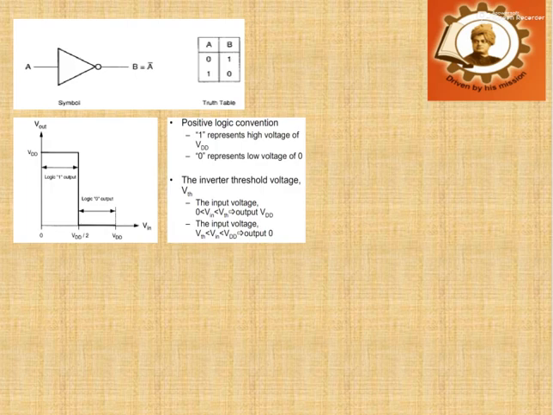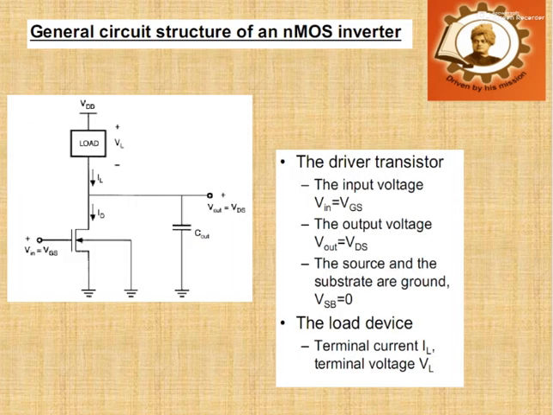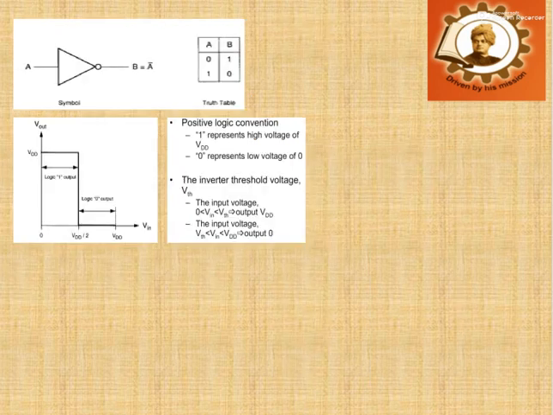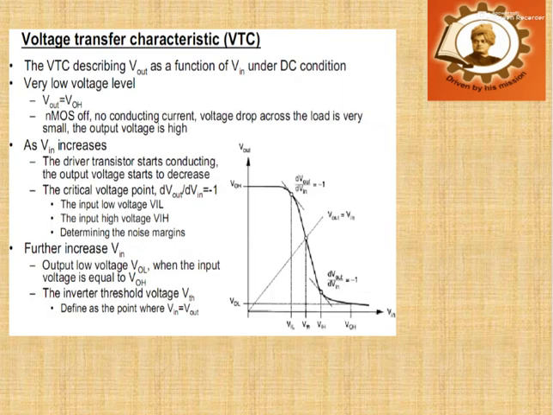Next move on to our VTC curve of the NMOS inverter, that is basically a resistive load NMOS inverter. Here the figure shows the basic structure of the resistive load NMOS inverter.